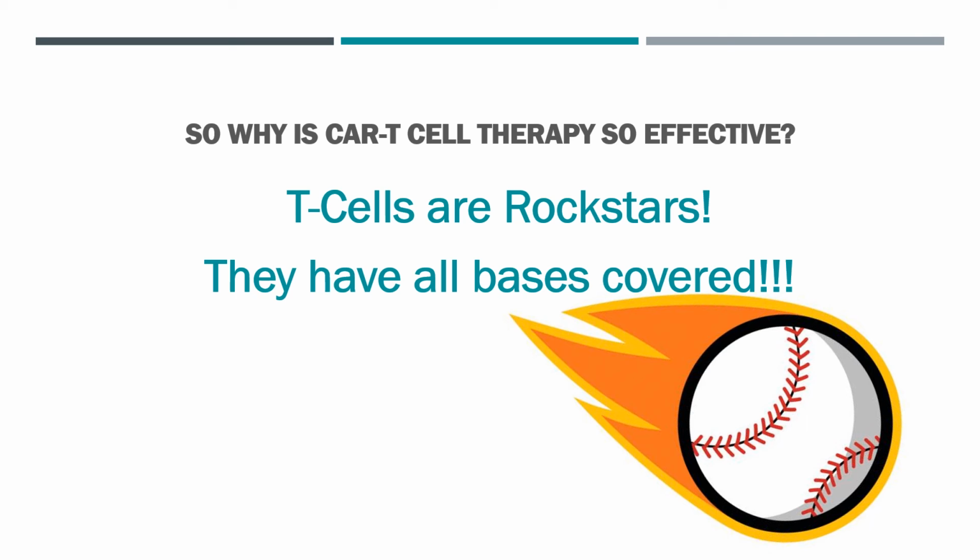Then we have a system in place to keep this all under control. We have the regulatory T cells. And in addition to all three of these, we have the memory T cells, which give us a group of cells that are ready to go if there's a known threat that's recognized.